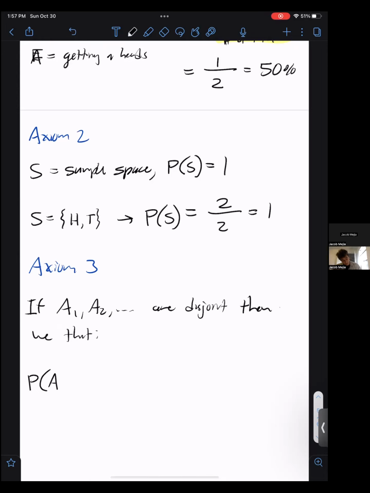The probability of all of these events occurring in union is equal to the sum of their individual probabilities.